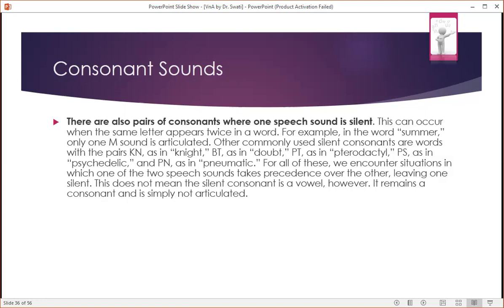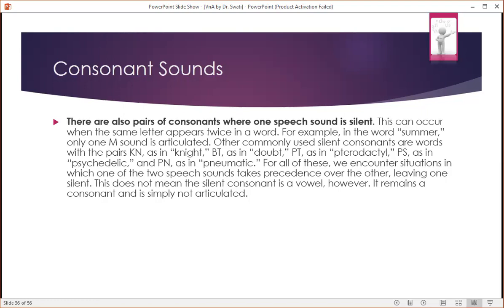Example, summer. But here you can see one M is articulated and the second M is silent. So we are not pronouncing it as summ-mer, we are pronouncing it as summer. Okay, and one M here is silent.